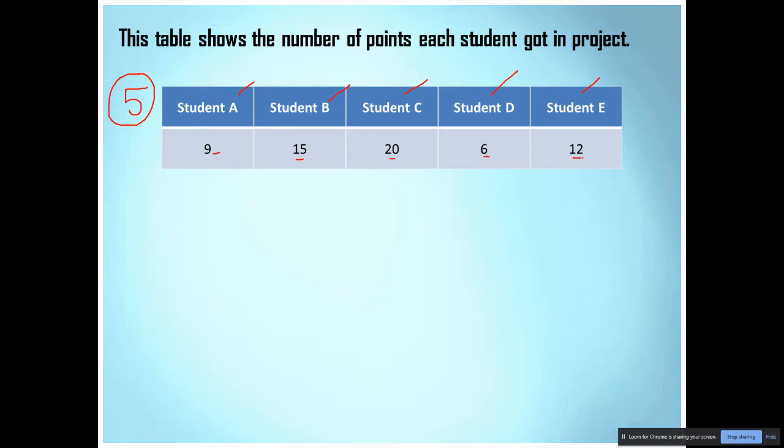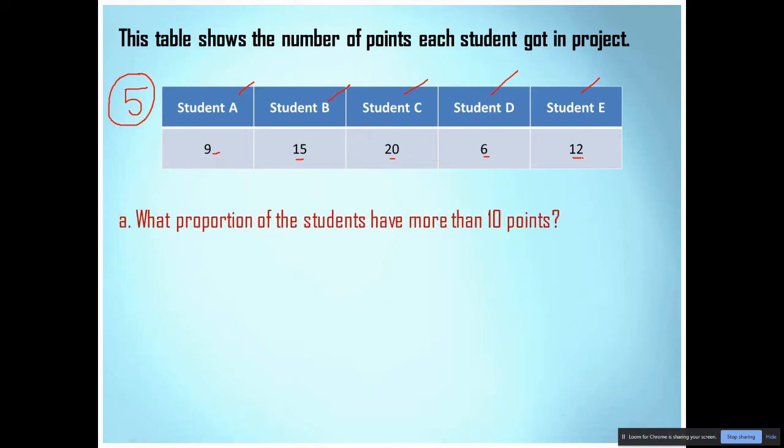So what's the problem? All right, here's the problem. What proportion of the students have more than 10 points? More than 10 means 11, 12, and above. So how many students here got 11 points and above?